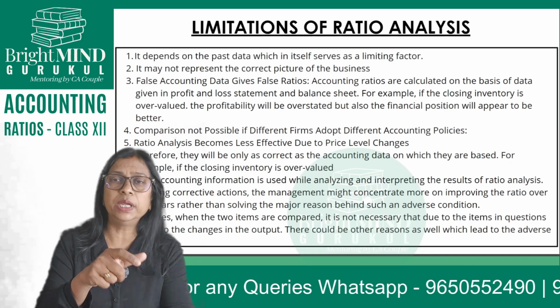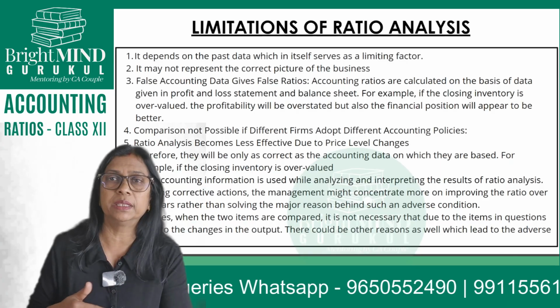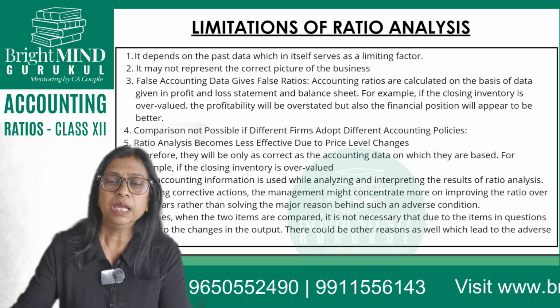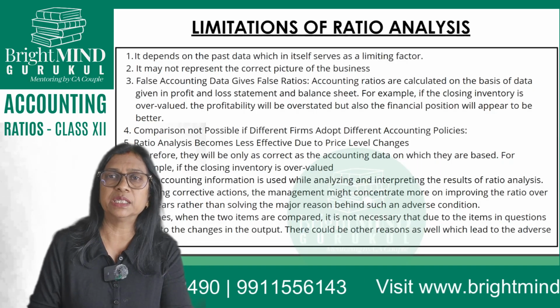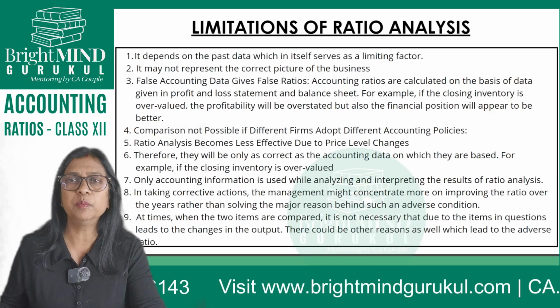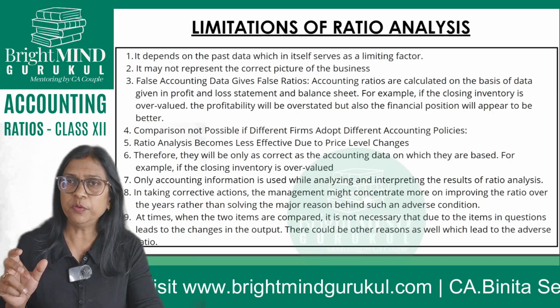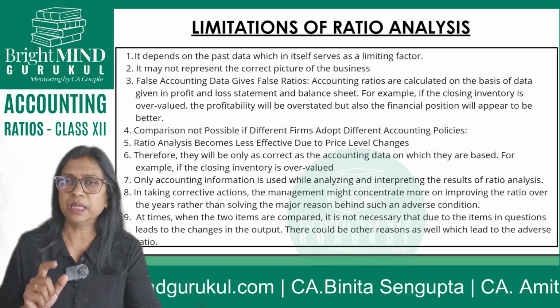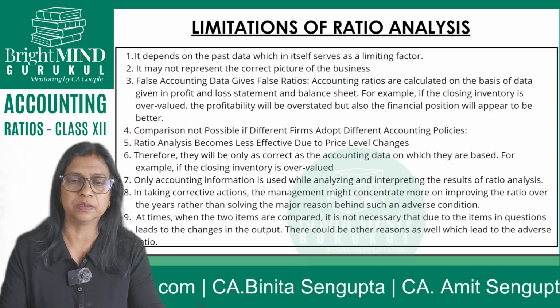Someone might value their inventory under the LIFO method, and otherwise there is the FIFO method also. Someone might follow the cash basis and otherwise the mercantile basis. So there are different policies which will be followed. If you compare the ratios between them, it will not show the exact picture.